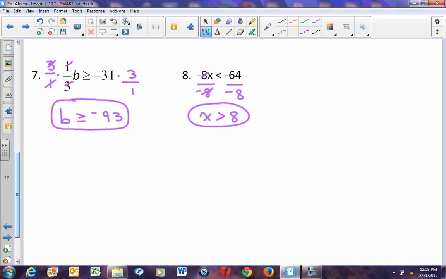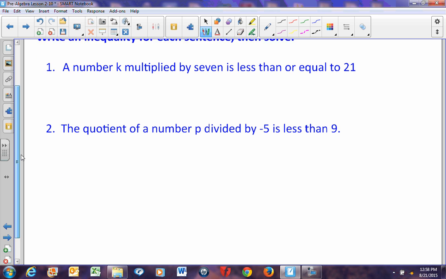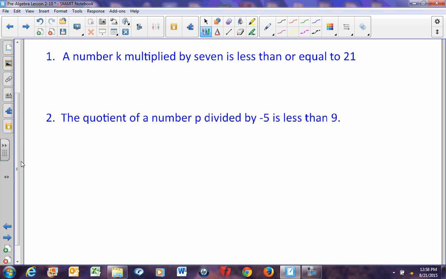All right, let's take a look at writing some inequalities from a sentence. Write an inequality for each sentence and then solve. A number k multiplied by 7 is less than or equal to 21. Okay, a number k multiplied by 7 is less than or equal to 21.